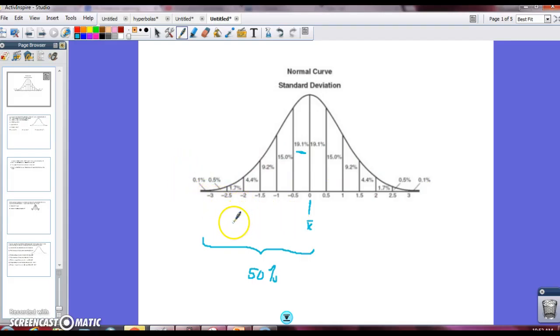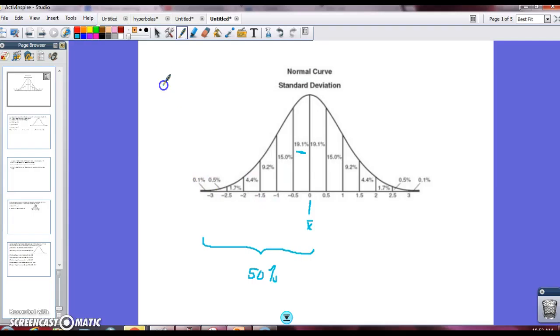Okay, so if you're talking about a certain percentile, you can add up your percentages to see what that percentile is in relation to the standard deviation. Let me explain to you what I mean by that.